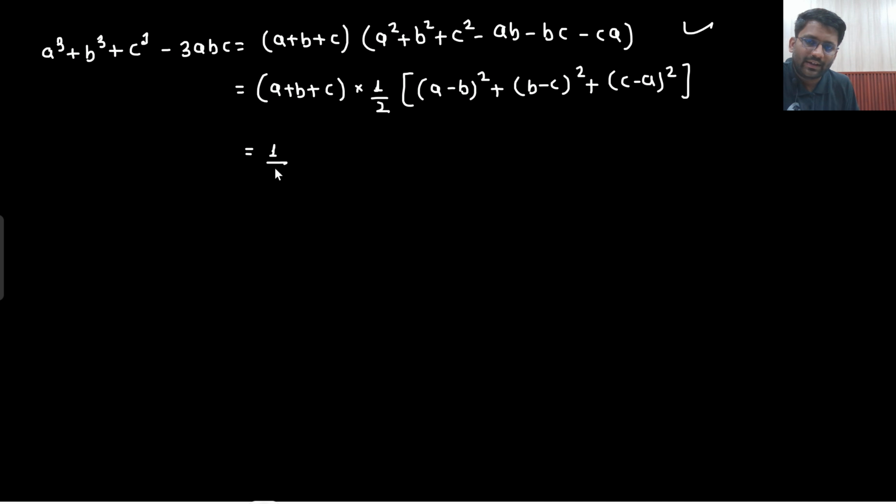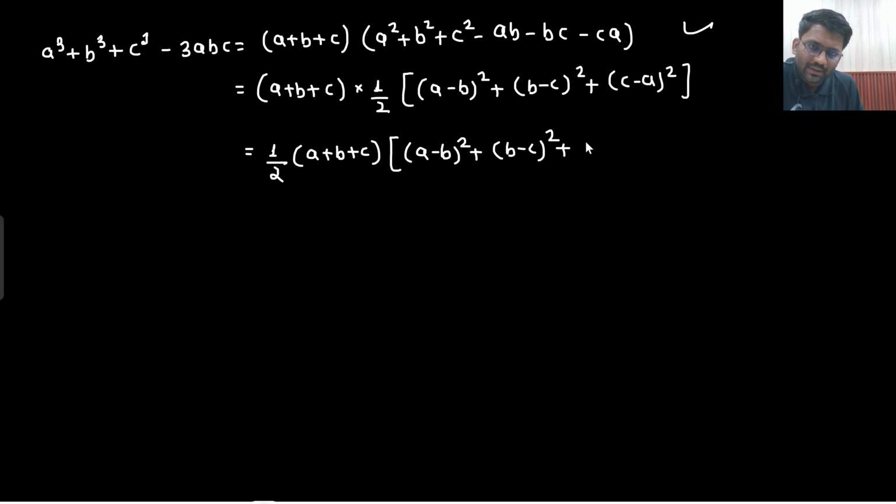So eventually you are getting 1 by 2 into a plus b plus c multiplied with a minus b whole square plus b minus c whole square plus c minus a whole square. This is the condition.